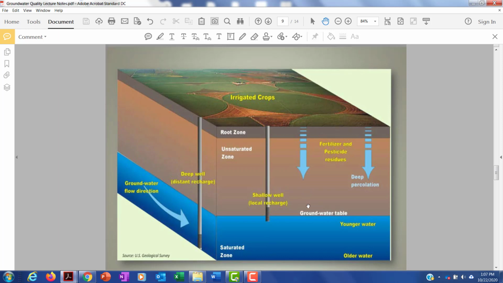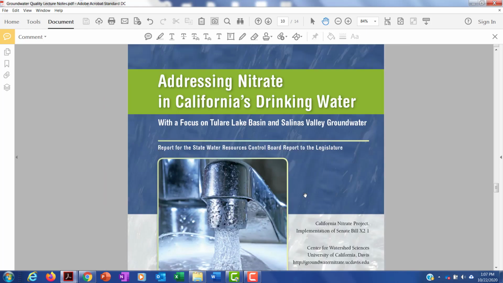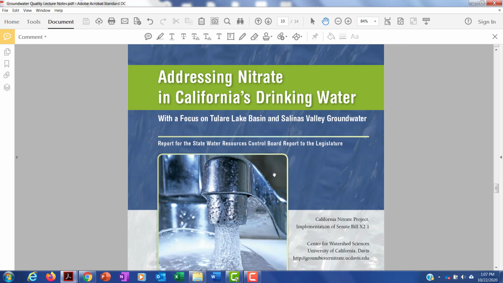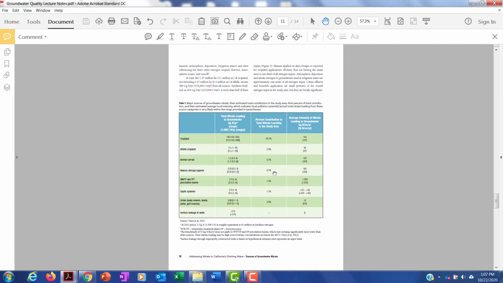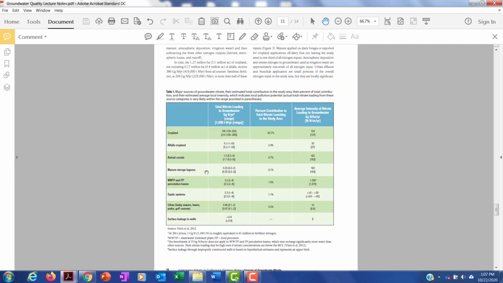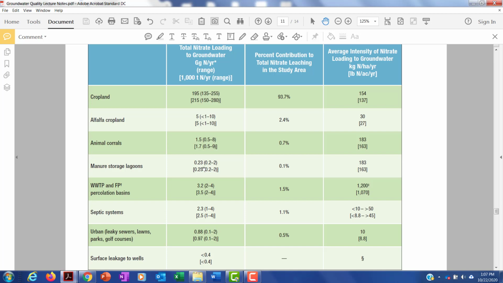There's a high chance there's nitrate in the area, at concentrations above the maximum contaminant level. It's a very big problem in California. This report goes into that, and the details: the sources of nitrate, where it is and where it isn't.